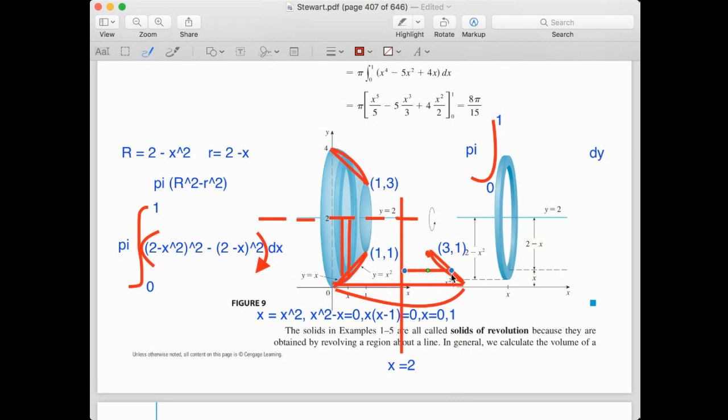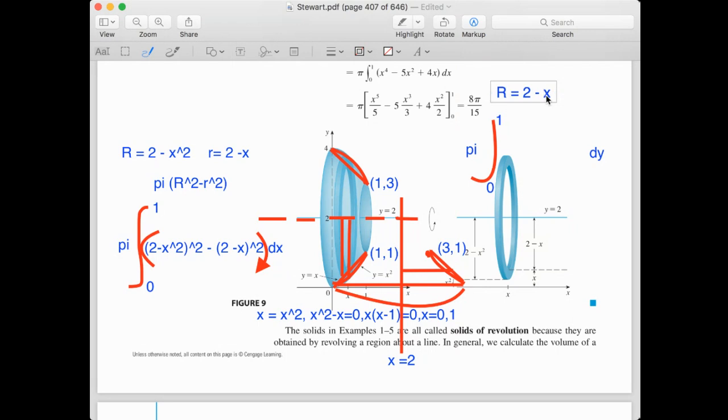So this is our big R, from x equals 2. This is the line x equals 2. So the big R will be from 2 up to this straight line. That's the outside radius, big R, which equals 2 minus, oh, 2 minus y.